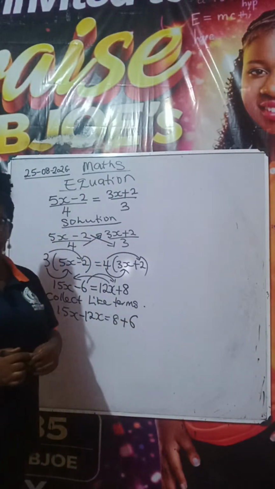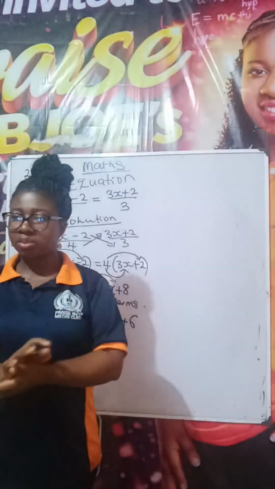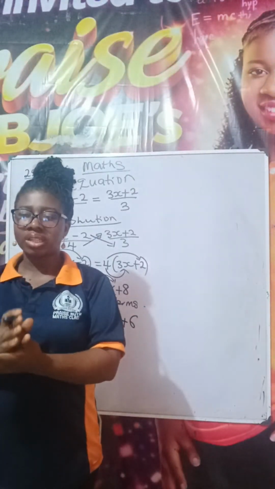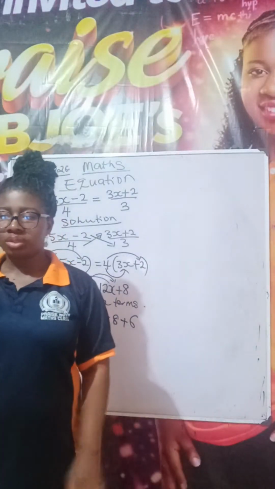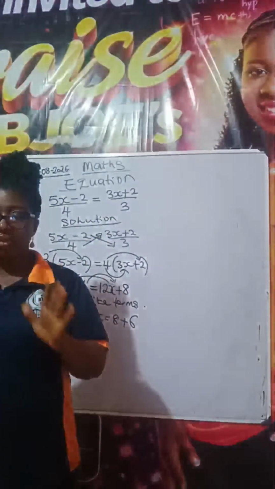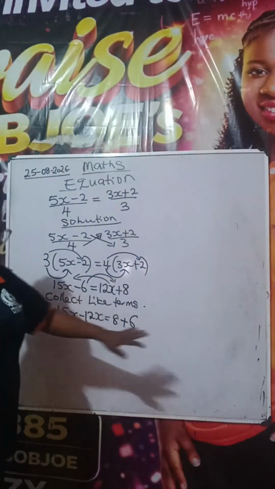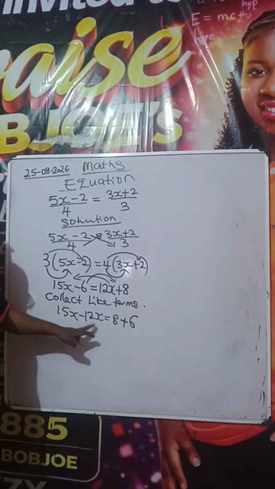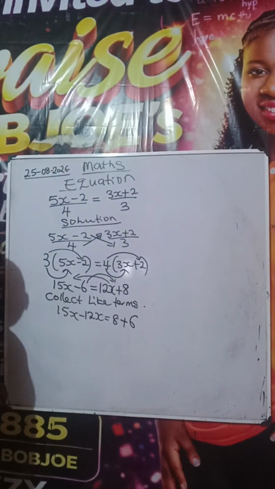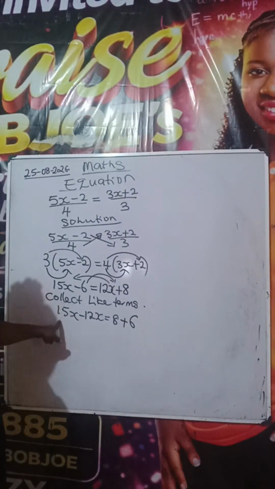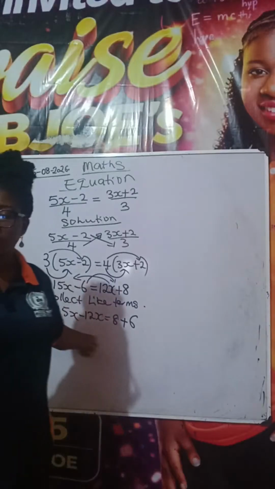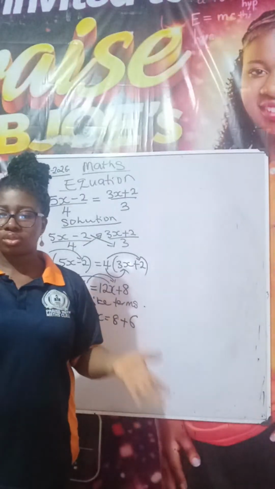See, this is where many people make mistakes in mathematics. When you are solving maths, once there is a little mistake with the sign, that means everything is wrong. So you have to be very, very careful here. Now, 15x minus 12x, what do we have? 15x, then if you remove 12x, how many is going to remain?